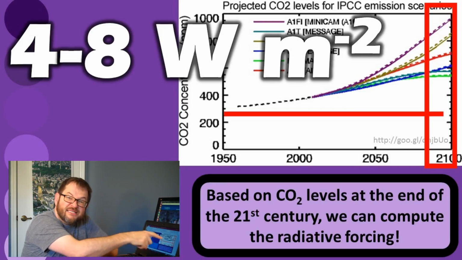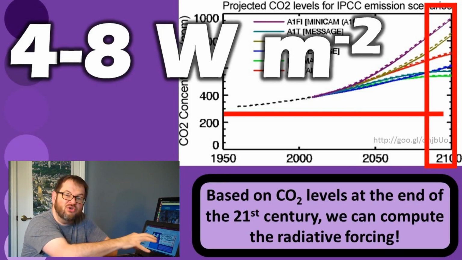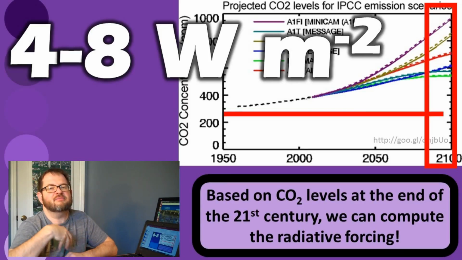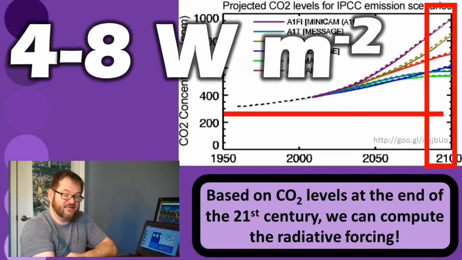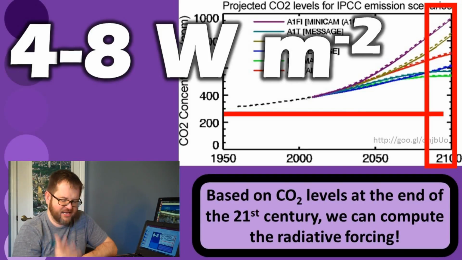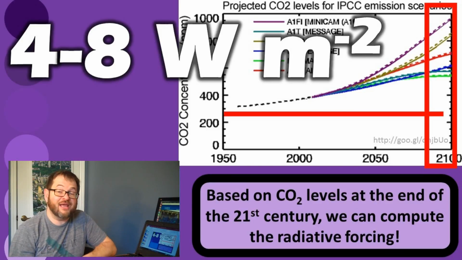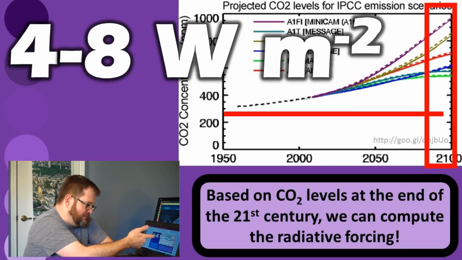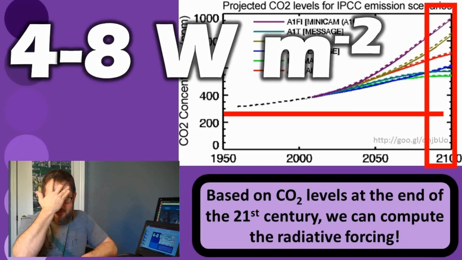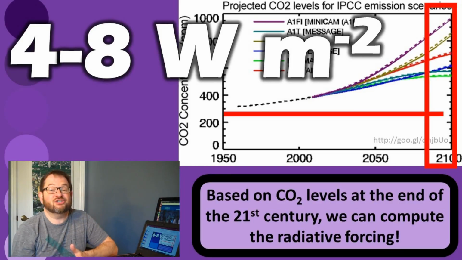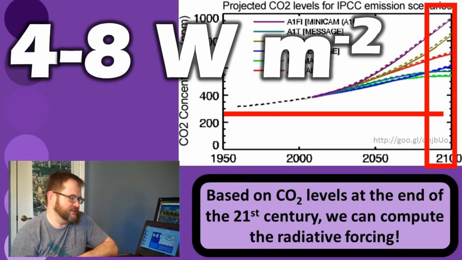That's the really optimistic scenario where we did everything we could to make a global economy where the world was sharing solutions and had a sustainable economy, and we have a radiative forcing vastly greater than the one we have now. And of course, 8 watts per square meter, again, that's a whole order of magnitude higher than the radiative forcing now.